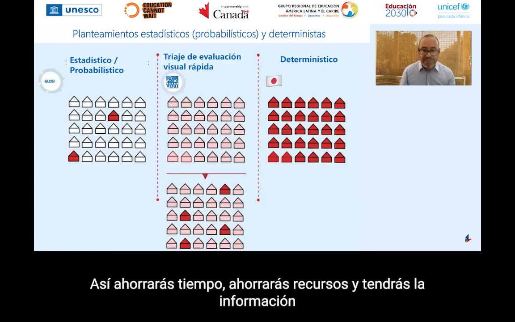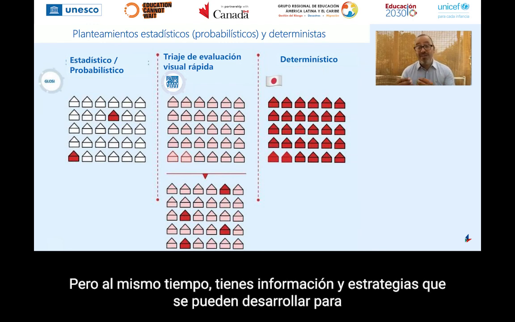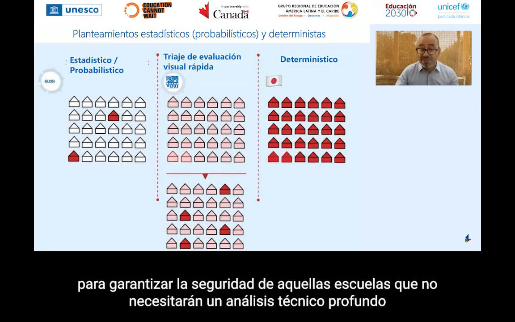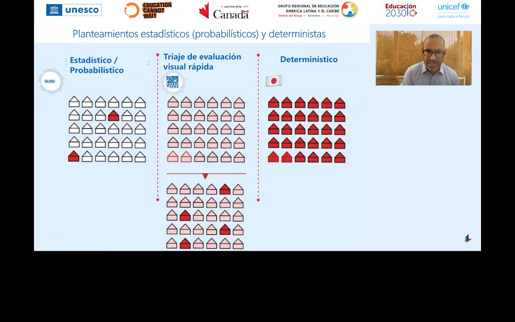Like that, you save time, save resources, and you will have information on all of the schools that you have in your country. At the same time, you have information and strategies that can be developed in order to secure the safety of those schools that will not need deep technical analysis, while providing information that can be linked to the education management information system.